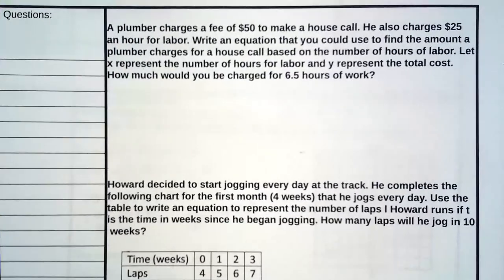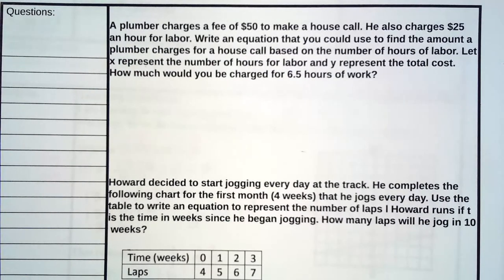Okay, the next one is very, very incorrect in one way. A plumber now will probably make more than $50 to make a house call, and he'll probably charge you more than $25 an hour. My guess is it would be $75 for the house call, and at least $35, if not $45, for labor.